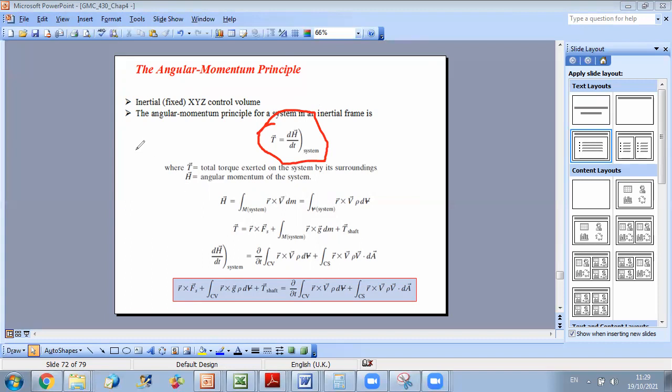Okay, let me remind you briefly: if you have an axis, for example, and you have this vector mv, it is the linear momentum. To find the angular momentum about a point O, you should find the moment of vector mv about O. And how do you do this? You do the vectorial product.